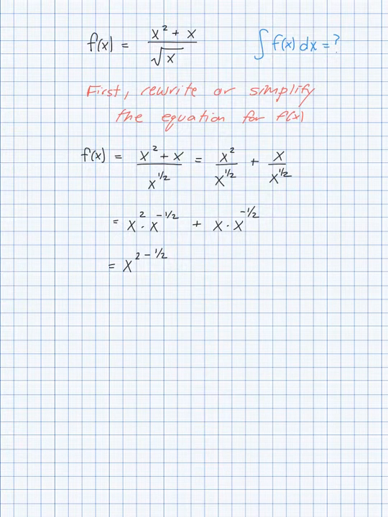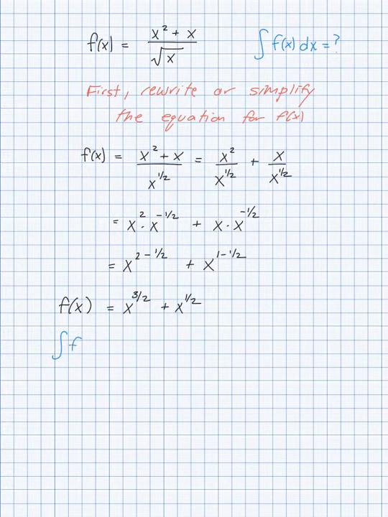So here I have 2 minus 1/2, and here I have 1 minus 1/2. And so we end up with x to the 3 over 2, and x to the 1/2. So this is just a different form of f of x. I haven't actually changed the function. It is an equivalent form.